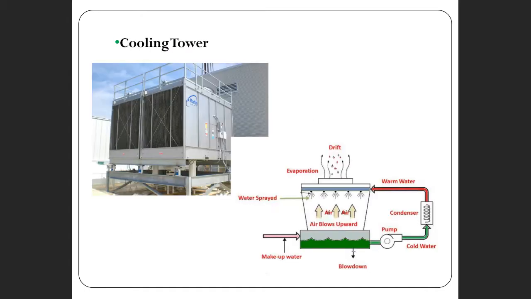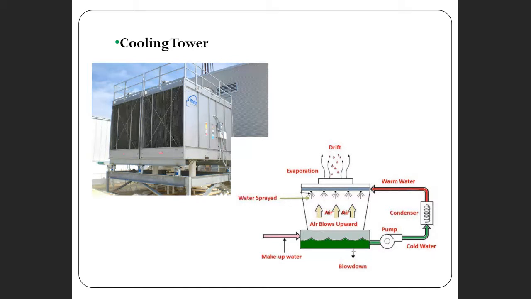And what is a cooling tower? A cooling tower looks like this box. It typically sits on top of the building. We're going to take warm water from the air conditioning system, and we're going to evaporate some of that water as a means of rejecting heat from the building.